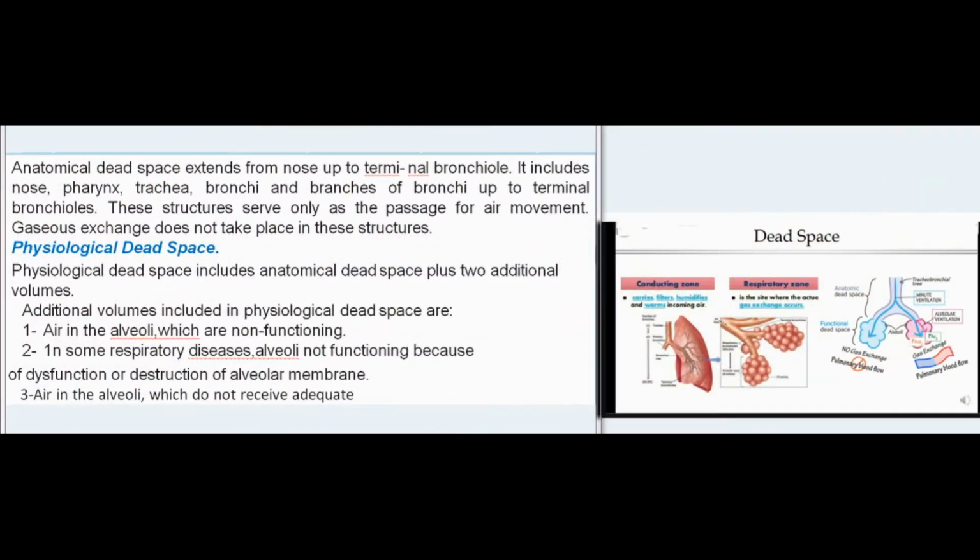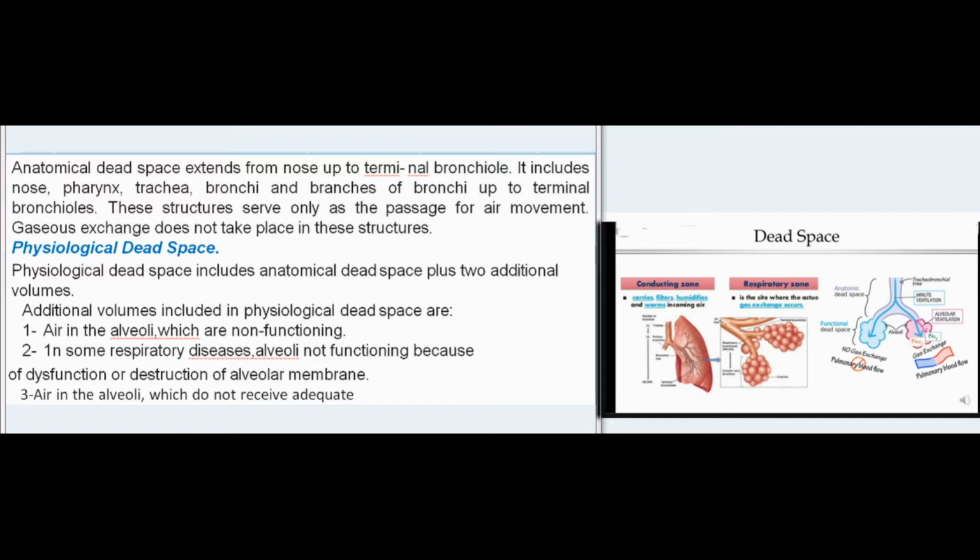Anatomical dead space extends from the nose up to the terminal bronchiole. It includes nose, pharynx, trachea, bronchi and branches of bronchi up to terminal bronchioles. These structures serve only as the passage for air movement. Gaseous exchange does not take place in these structures.